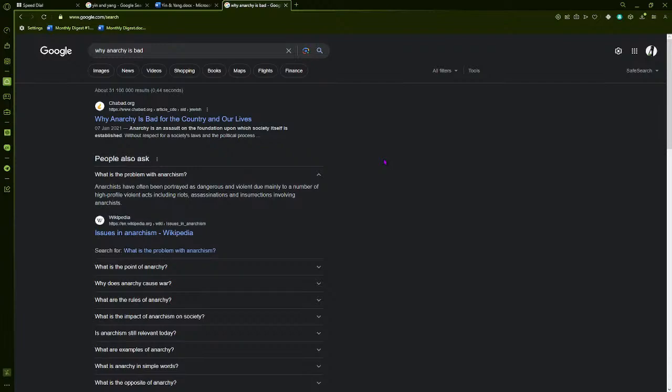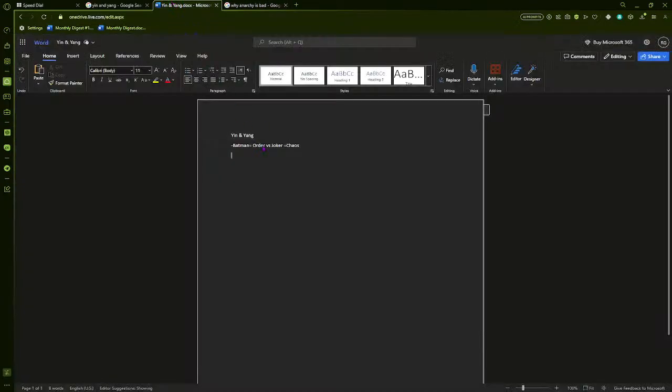There's probably a gray area there that can be explored, and it could be really cool, but in general, anarchy is awful, especially when you have somebody like the Joker.